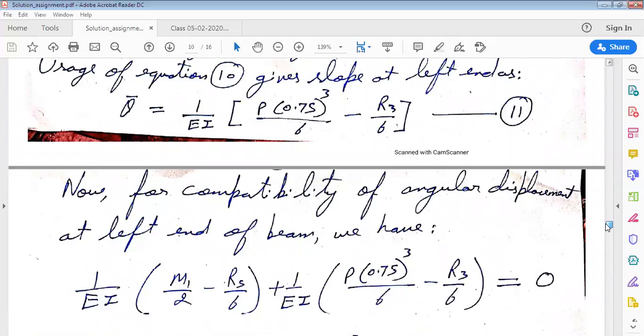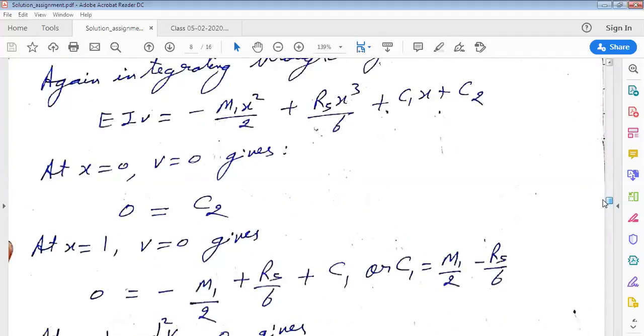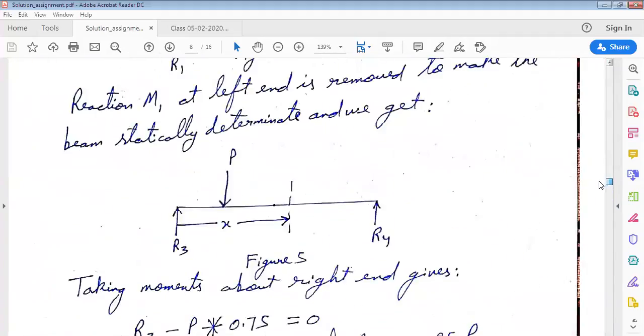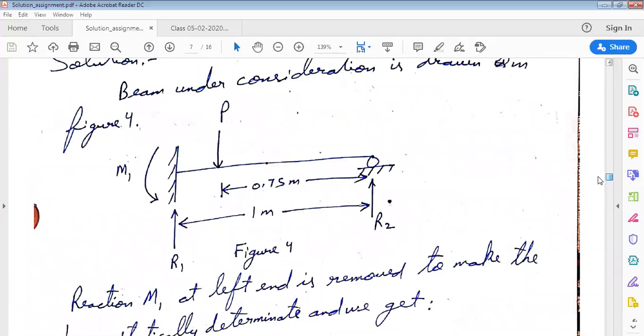Now, for compatibility of angular displacement at the left end of the beam, you see that our original beam is this one. At the left end, the slope is 0, the angular deflection is 0.